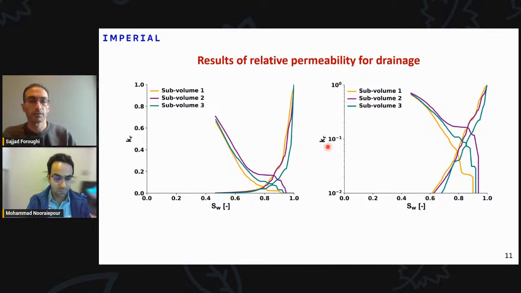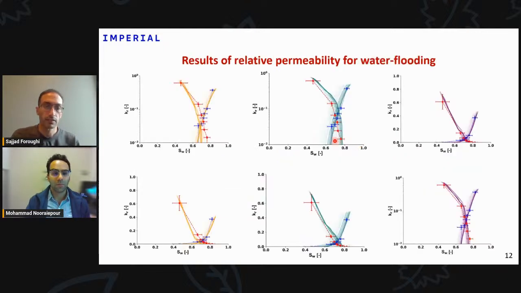Here is the prediction of the relative permeability for the three subvolumes. We don't have experimental results for these subvolumes, but their behavior is in line with what we see in the literature. And then the result of water flooding for the Estaillades: this is the first subvolume, this is the second subvolume, and this is the third subvolume for relative permeability.